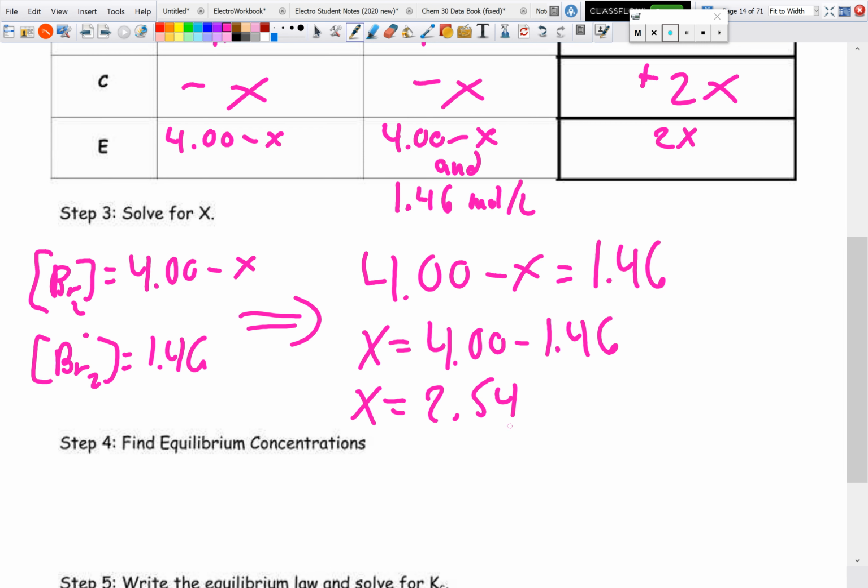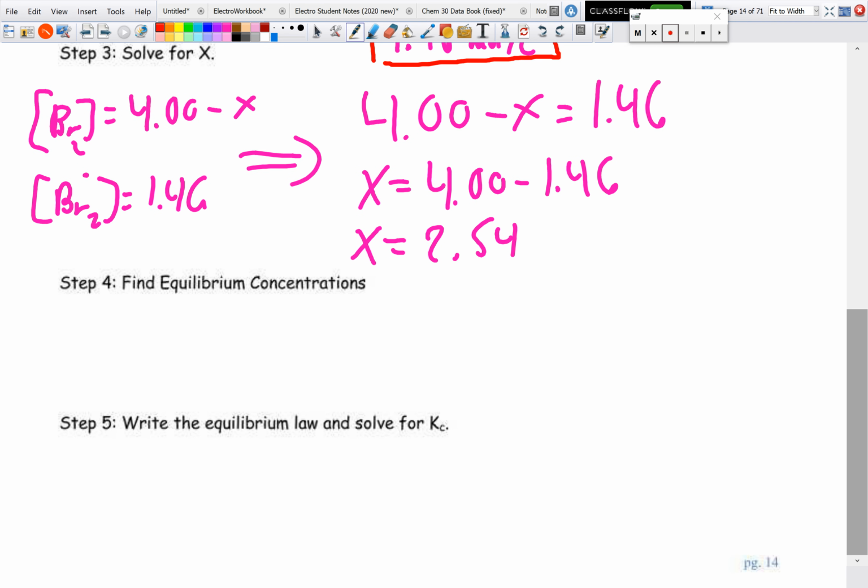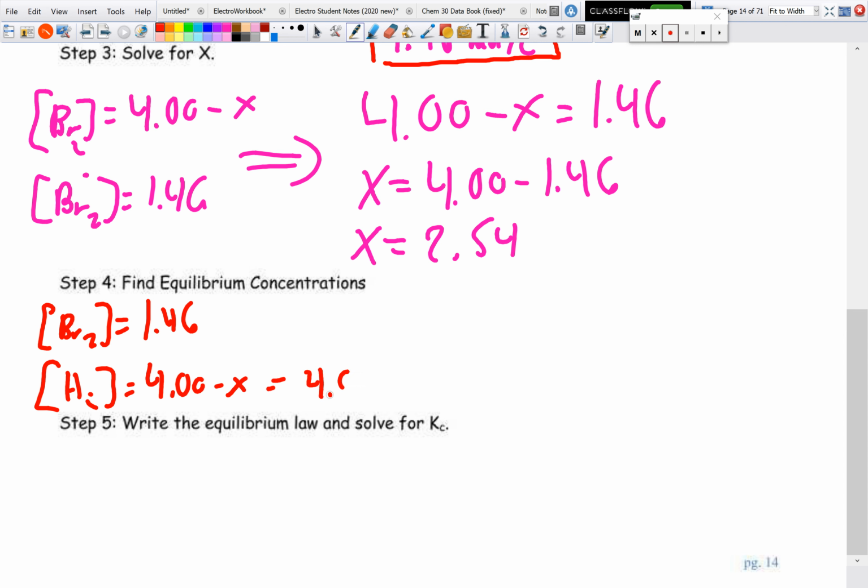All right. So we can then use that and solve for our other equilibrium concentrations. The concentration of Br2 is equal to 1.46. The concentration of H2 is equal to 4.00 minus x. That equals 4.00 minus 2.54. That is equal to 1.46.